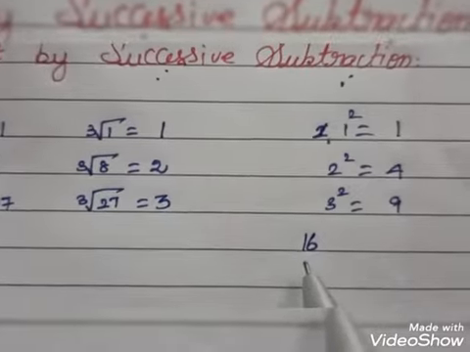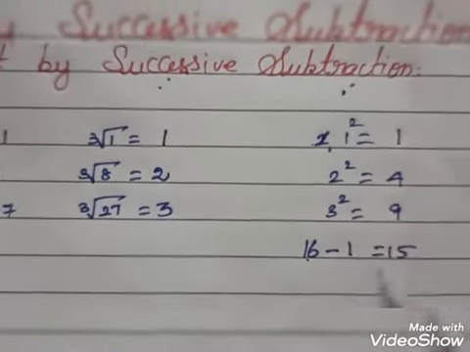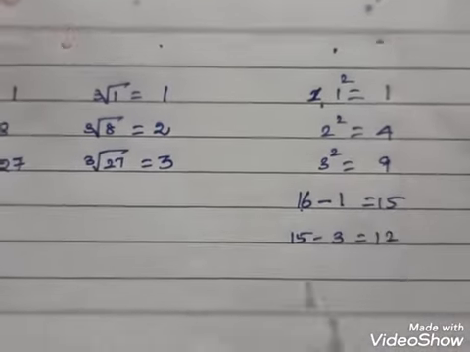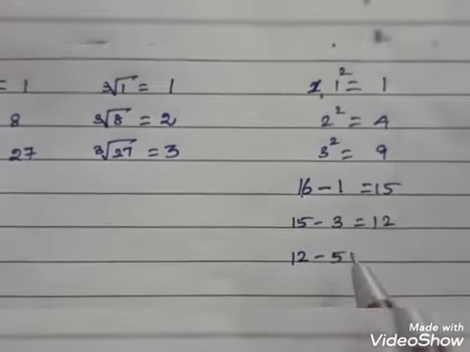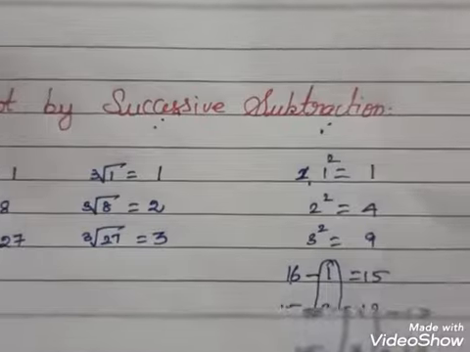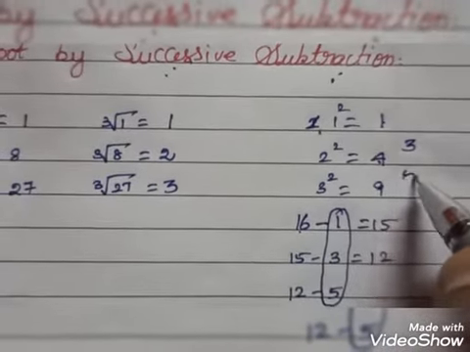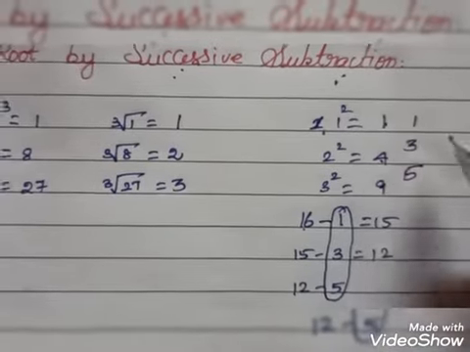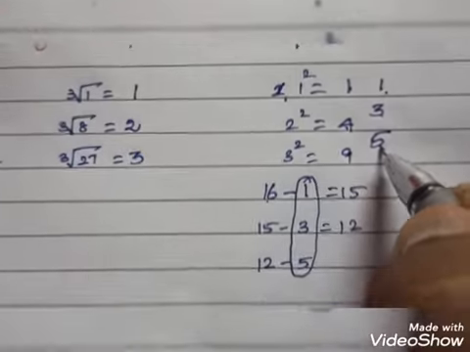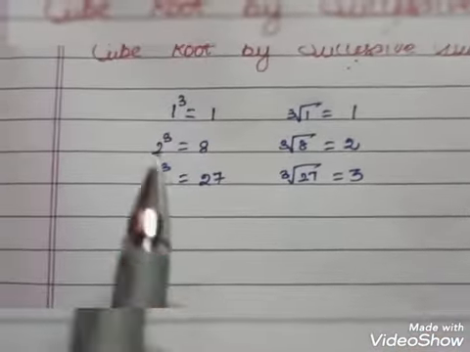To find the square root of 16, you subtract: 16 minus 1, then 15 minus 3, then 12 minus 5. Like this you make use of the odd numbers. How do they become odd numbers? 4 minus 1 is 3, 9 minus 4 is 5. So 1, 3, 5 is the sequence to subtract to find the square root.